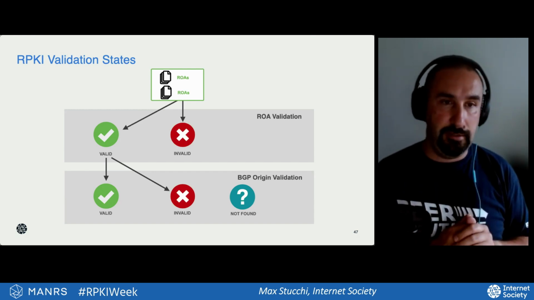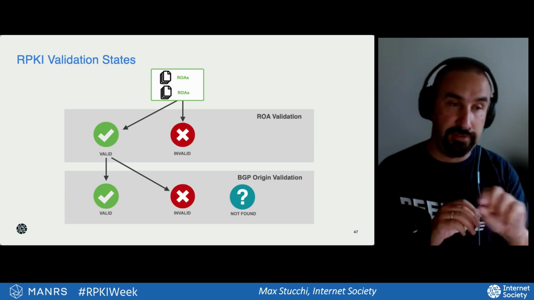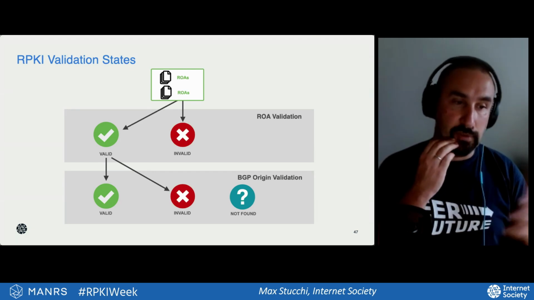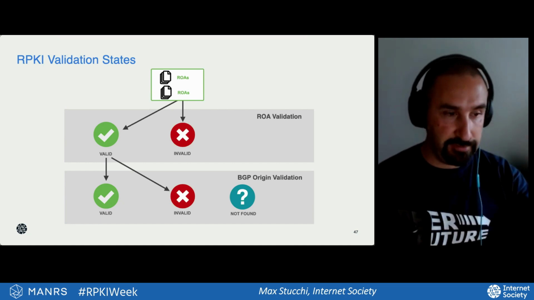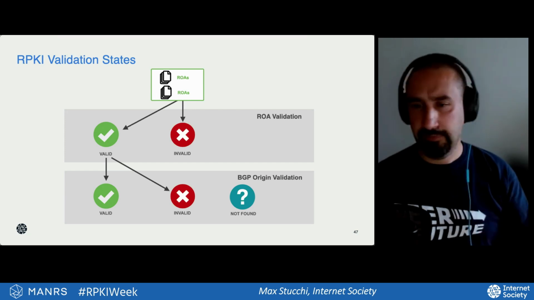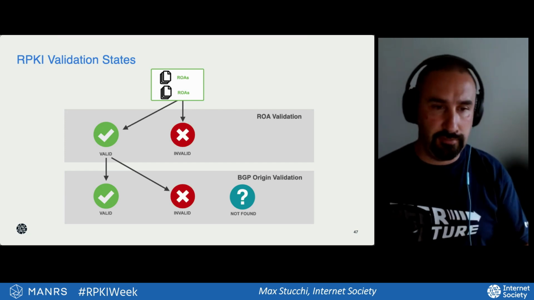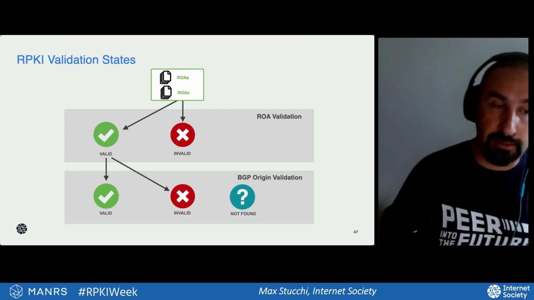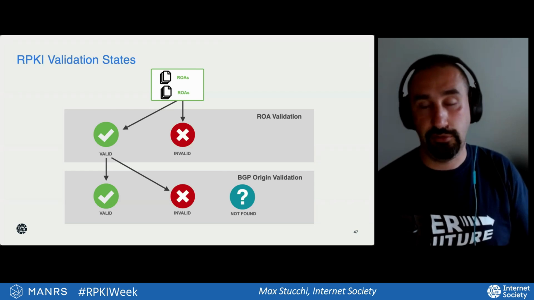Does our prefix fit into the max length? Yes or no. Depending on the match, a full match, the prefix becomes valid, or some mismatch, like a different ASN or a different prefix length that's not covered by the max length, then the BGP announcement becomes invalid. And those are the BGP announcements that you should be dropping.